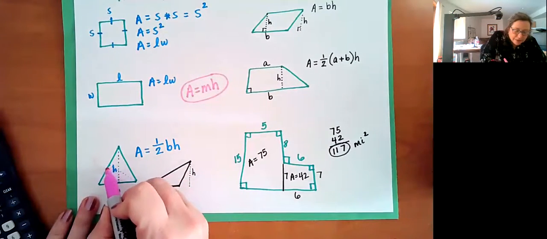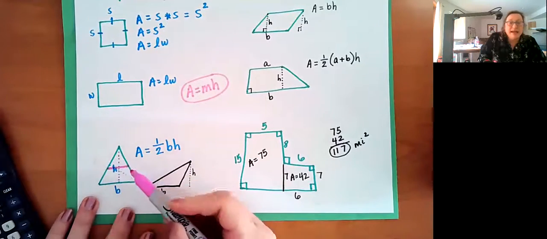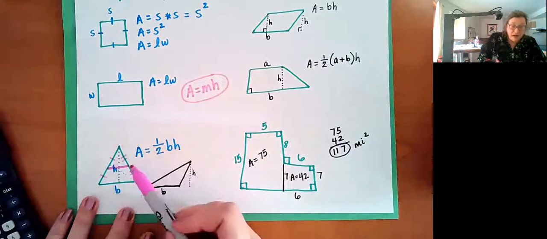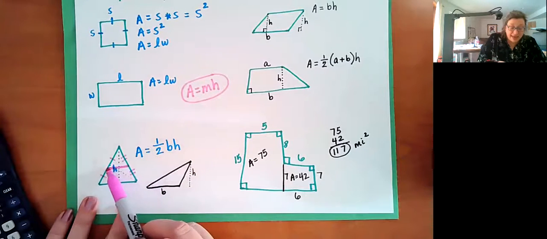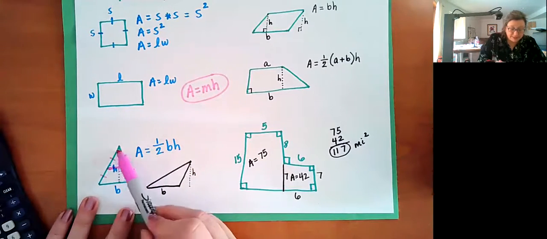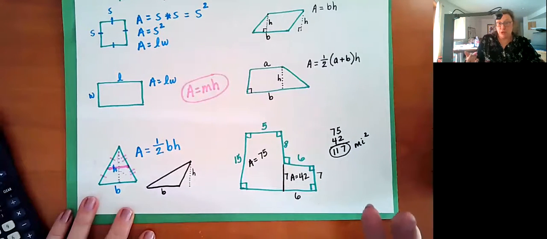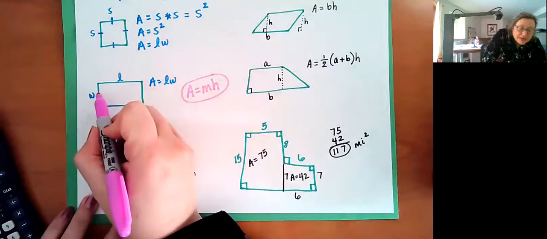So right here, we could calculate if this were a midpoint, right? You have to assume it's a midpoint. If this were a midpoint, you could do H, which is this, times M, your midpoint, and that would give you the correct answer. Same thing here.